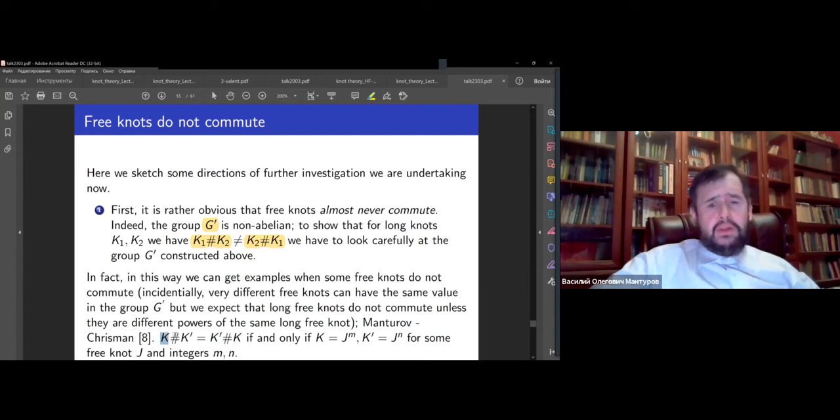Actually, I suppose that for 3 knots, there is no commutativity at all, except powers of the same. And actually, this was proved to be the case for virtual knots, but not the power of the same, but maybe plus some classical knots. And for 3 knots, I have an almost complete classification, but there is still some minor gap. But anyway, from that, you have a lot of results for virtual knots immediately.